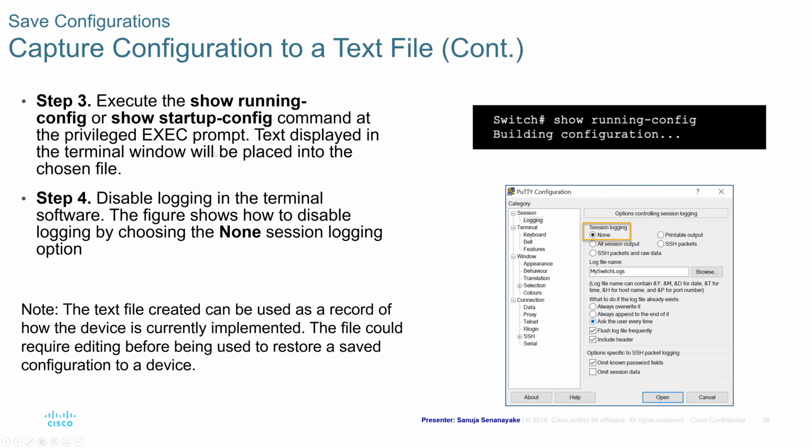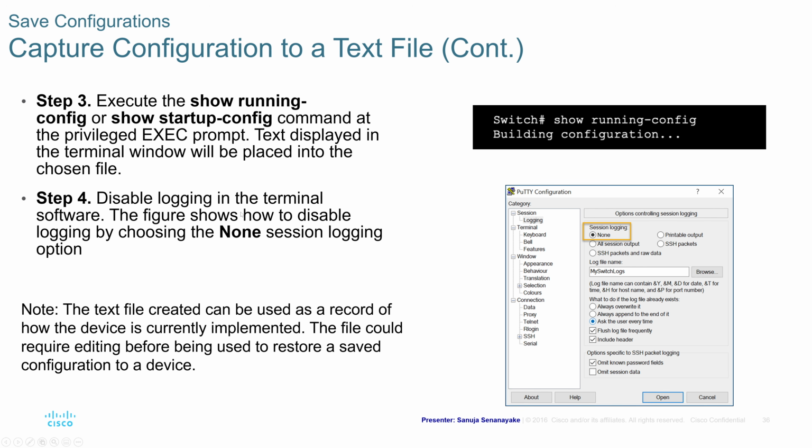And the next step we're going to do is execute the show running-config or show startup-config command at the privileged exec mode, and the text displayed in the terminal window will be placed into that chosen file. So the only thing you do is set up the file name and choose the location, and on the terminal you run show startup-config and it'll get saved in there.